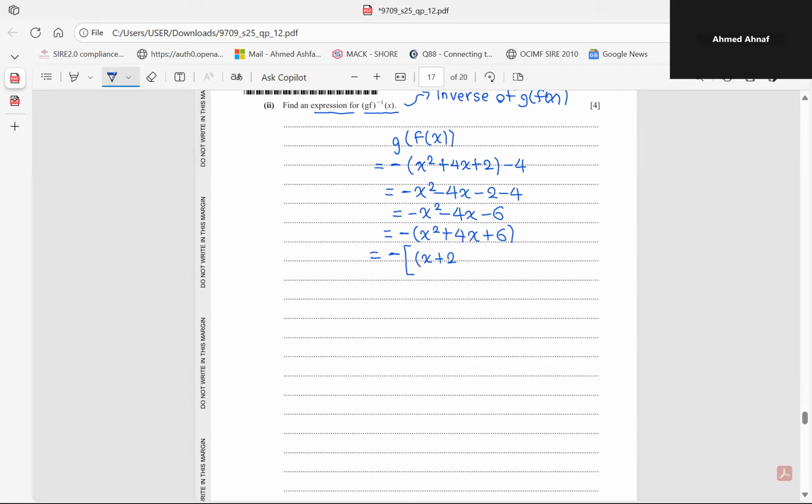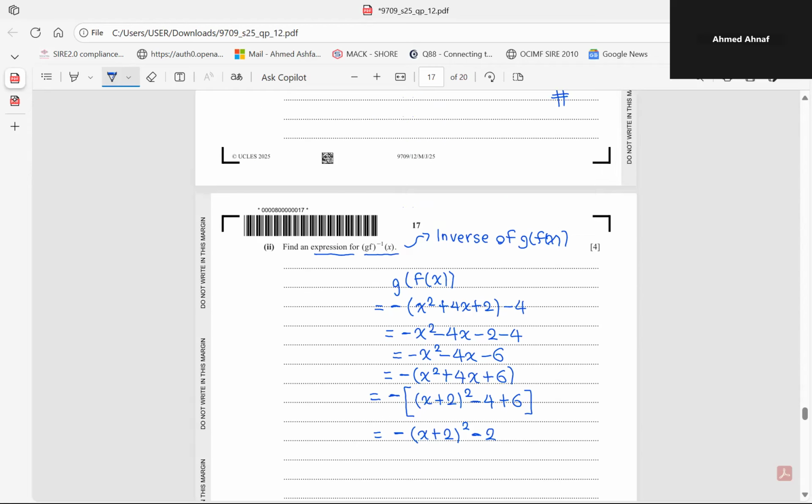So this is x plus 2 squared minus 2 squared, so minus 4, plus 6 bracket. So this would be minus x plus 2 squared, 6 minus 4 is 2, 2 minus 1, that's minus 2. Okay, so this is our expression for gf of x.